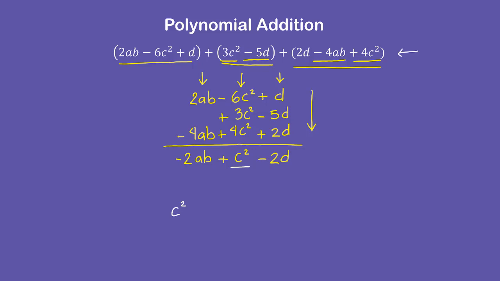Now our next two terms, we see that they have the same exponents, the same power. So if they have the same exponent, now we go by alphabetical order. And we see that ab comes before d, so I write the ab's first. Minus 2ab. And finally, the negative 2d. Now it is arranged from highest to lowest exponent. So this is the proper way of writing our final answer.